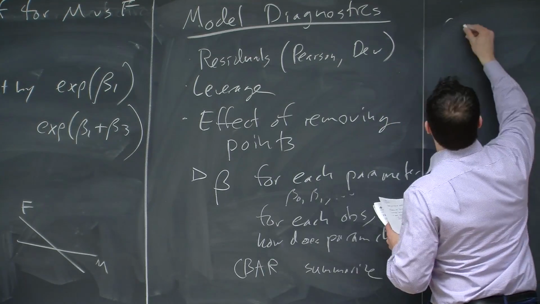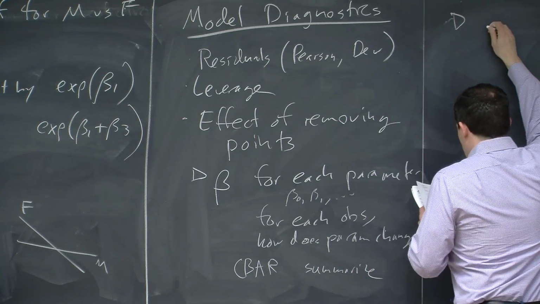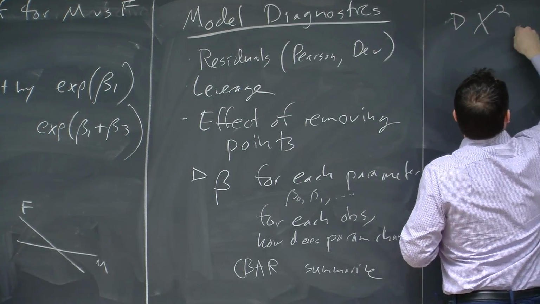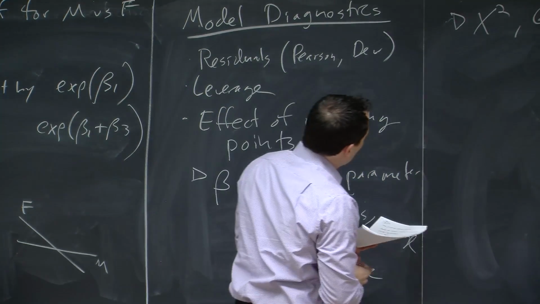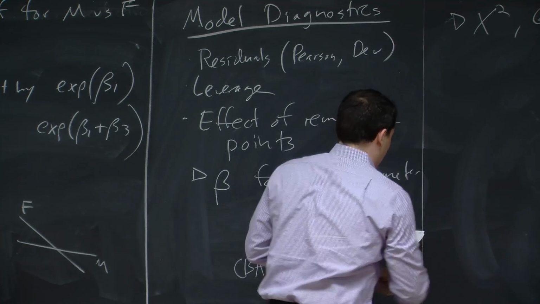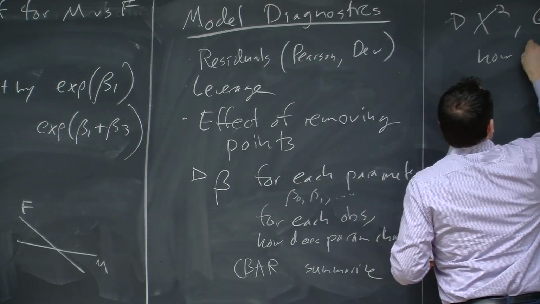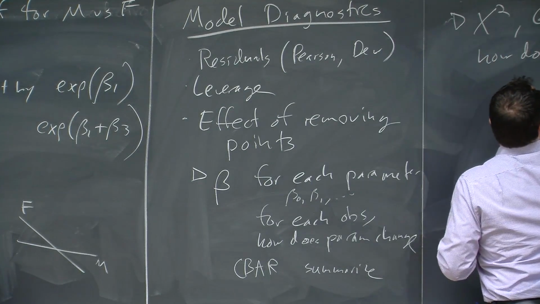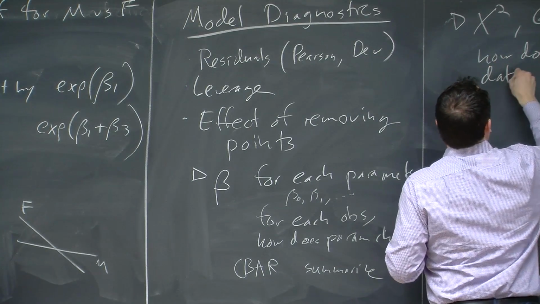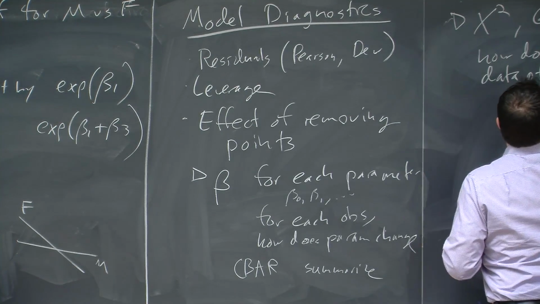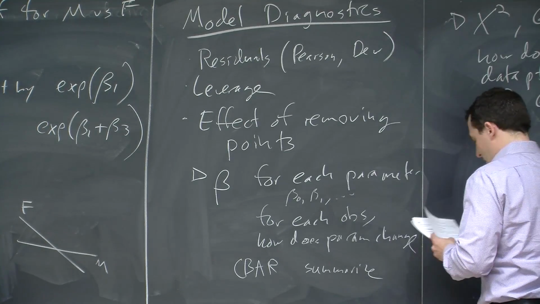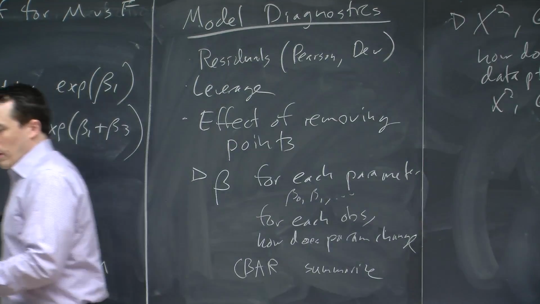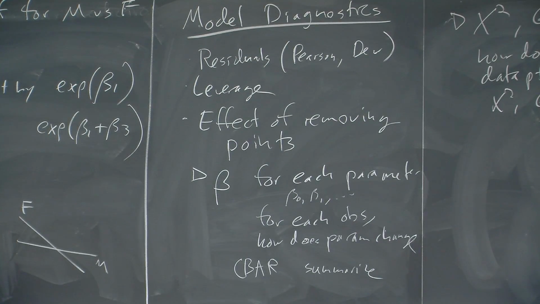And since we reduce so many things to measuring changes in G squared or in Pearson, we can ask: how does each data point change our Pearson or our G squared? That is, if I delete a point, how drastically does it affect the fit or not? And that's a pretty good measure.